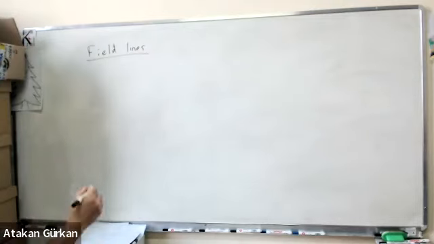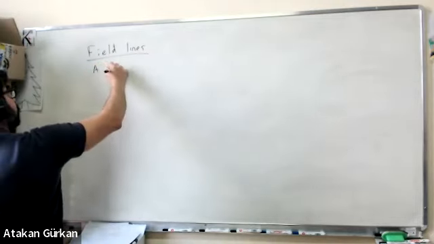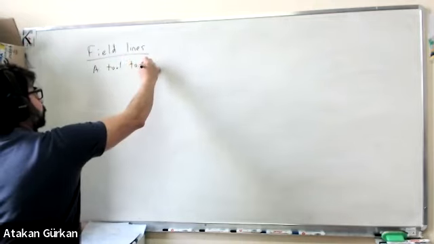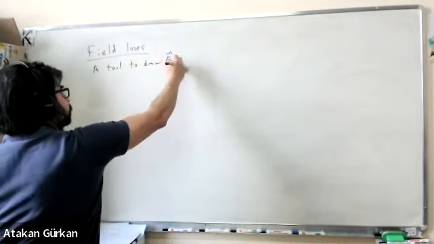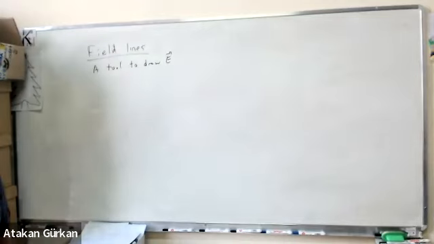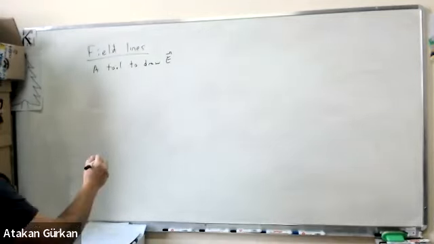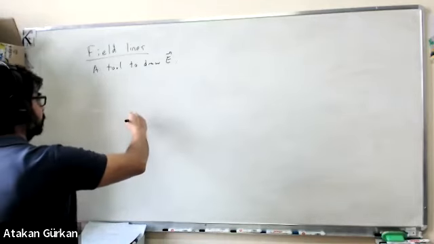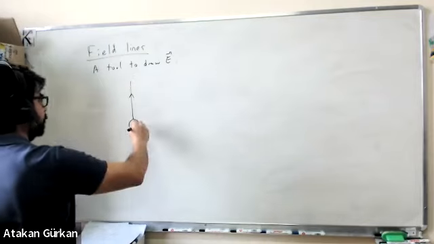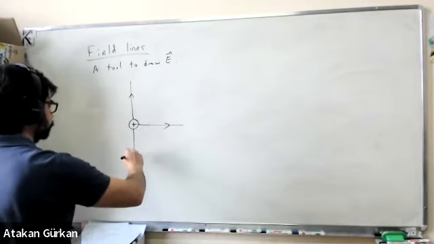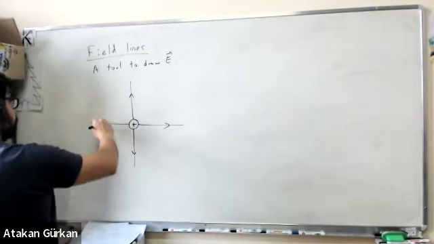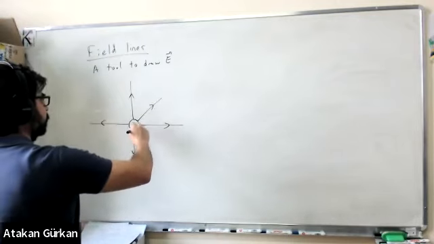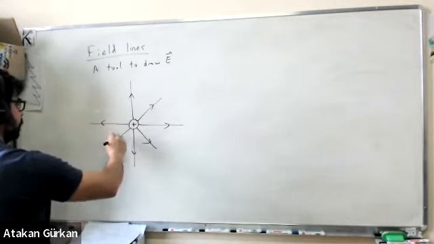So these are just a tool to draw the vector field. You can of course use it for other vector fields as well. It's not restricted to the electric field anyway. Now the way you do this is that, let's say that you have a point charge that's positive. What you will do is that you just draw some lines. In this case, they're going to be straight. As you'll see, they don't need to be straight. And please note that I'm not drawing vectors.